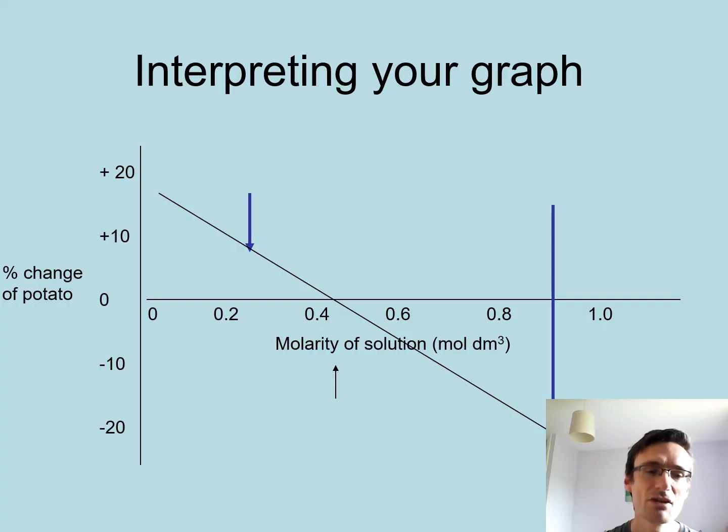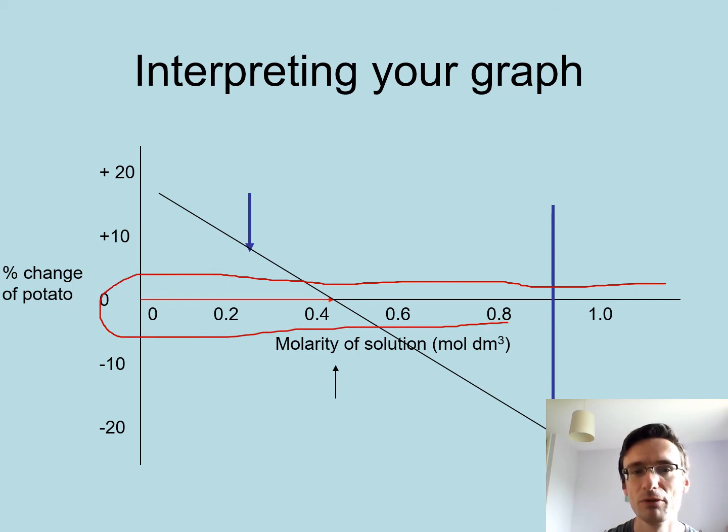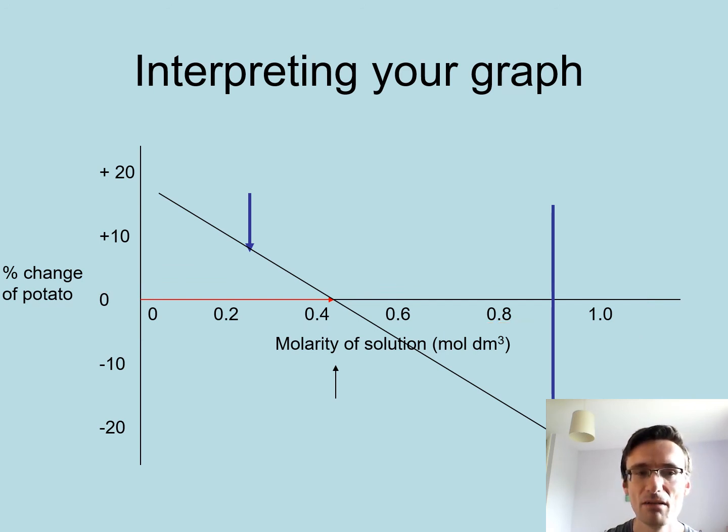Now you might be asked to do this practical, and effectively it shows you what would happen if you measured the change in mass against concentration. So if I did the following concentrations, 0, 0.2, 0.4, 0.6, 0.8 molar of sucrose solution, as I increased my concentration, the mass change in my potato would go down.